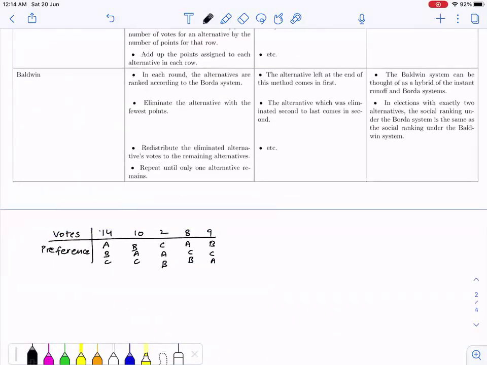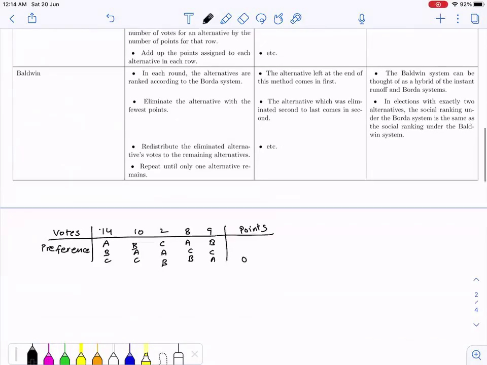For Borda, you would assign points to each of the preferences. So 0 points to the least preference, 1 point to the second last preference, and 2 points here for the top preference. If you had four alternatives, then this would be like 0, 1, 2, 3, and so on.